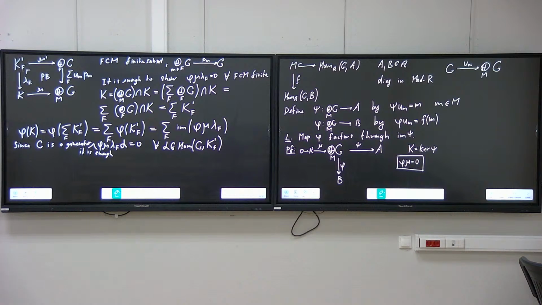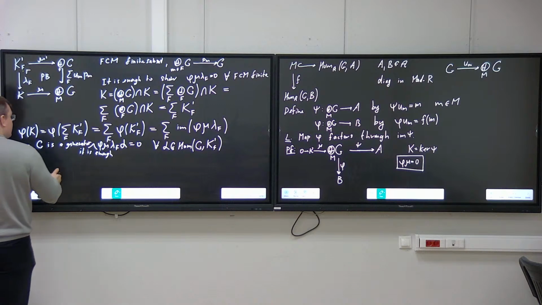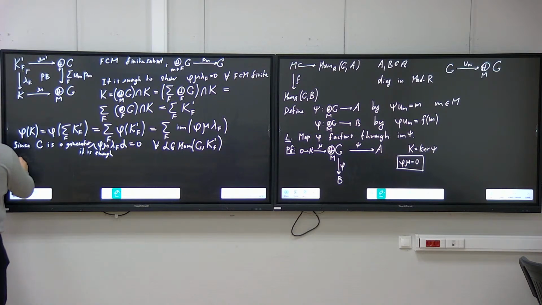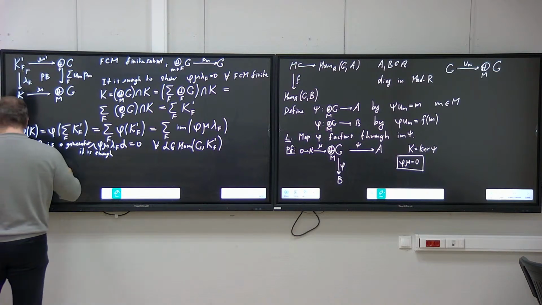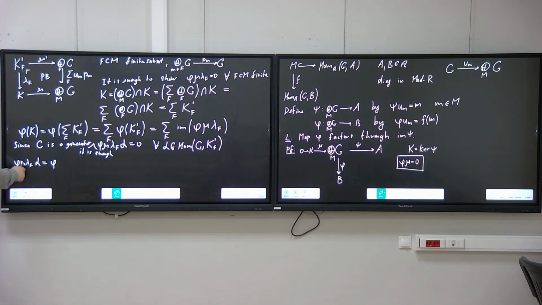Okay, so why is this composition of the four maps zero? Well, this is now just a computation. So take this phi mu lambda sub F alpha. Instead of writing these two maps mu and lambda F, from this commutative square, I have this composition of the lambda F and mu.